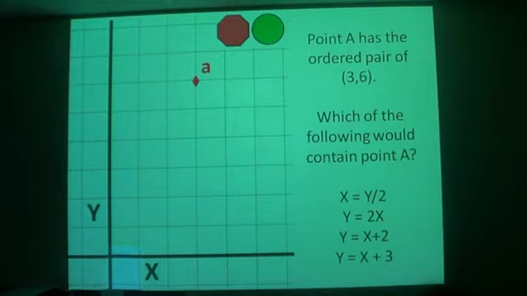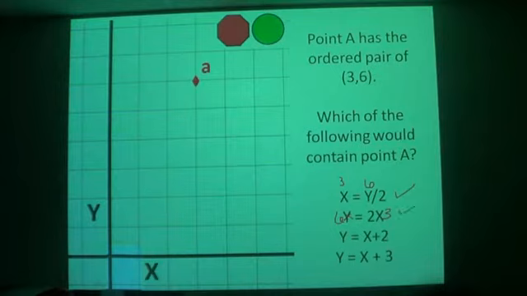All right, works like this. You could just brute force handle this, and sometimes that's what you have to do when your math is short. So you could just brute force this and say, all right, let me stick in the values. x is 3, y is 6. Does 3 equal 6 divided by 2? Yes, it does. So, ka-ching, that one works. And you could say, all right, 6 equals 2 times 3. Yeah, that works.